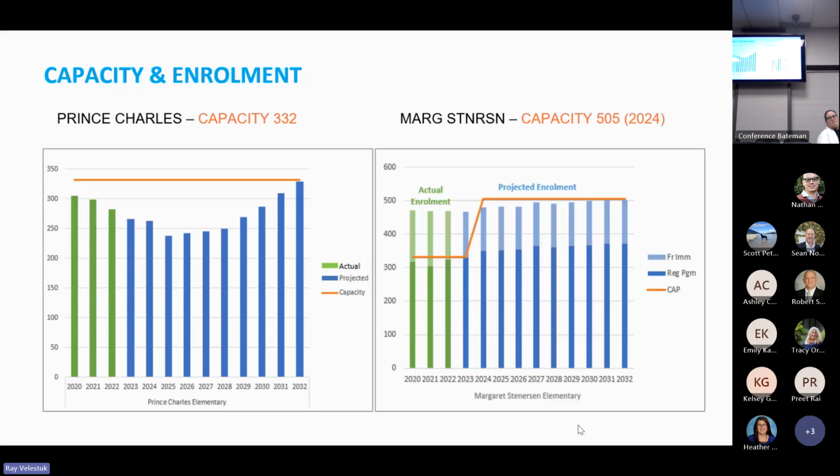Okay. So right in the immediate term, you can see the enrollment's pretty steady at Stennerson. Yeah. And barring significant fluctuations in French immersion, we think that the addition should be able to accommodate those students for the foreseeable future. And again, we've seen changes go both ways where enrollments have increased beyond the expectations.